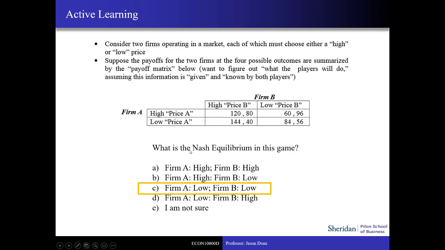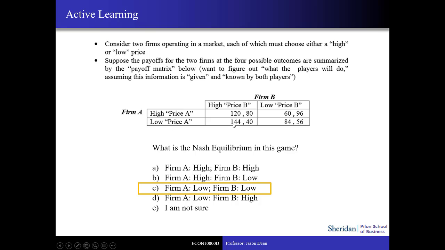To find that, what you want to do is pick one of the firms. So let's pick firm A. Firm A can choose high or low. So we're going to figure out what it would want to do if firm B picked high. What would be firm A's best payout? Would it be a high price or a low price?